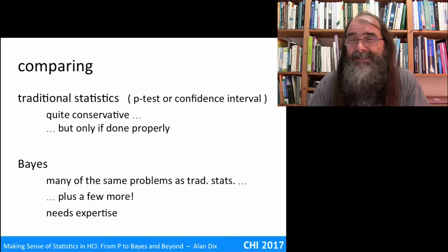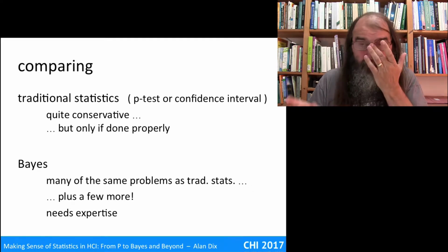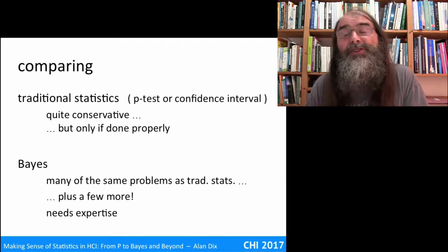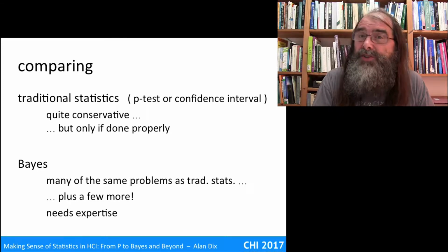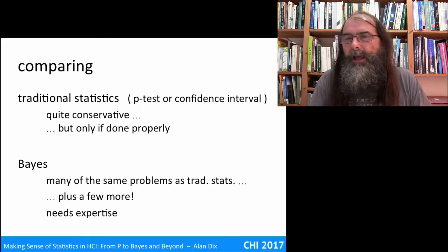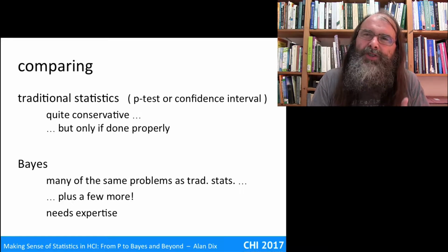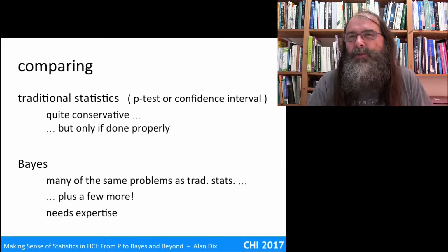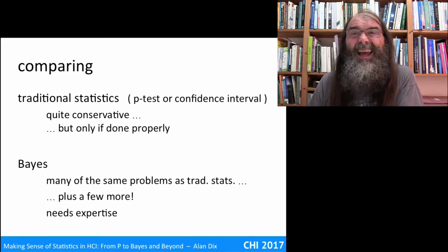Traditional statistics has a whole load of problems about it if you don't use it right, certainly. When it's used properly, it tends to be quite conservative, I'd say. If you think about it, most people don't do an experiment of any sort, they don't do a study of any sort, unless they're pretty sure they're going to get something at the end.